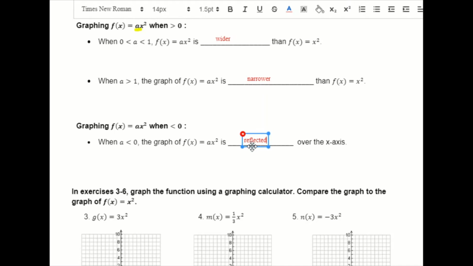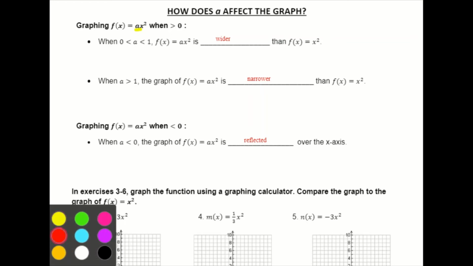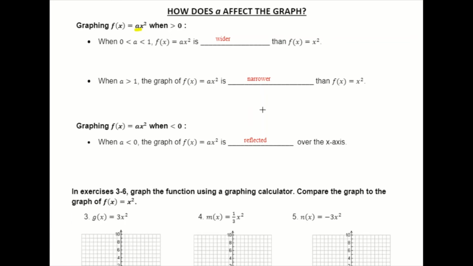Just to be clear, there's some other terminology I want to bring up. When we talk about whether it is wider or narrower, we are talking about a vertical stretch or a vertical compression. I'll probably be pretty loose with these terms in Algebra 1, but as you get further into your math studies, you might want to be a little more technical.